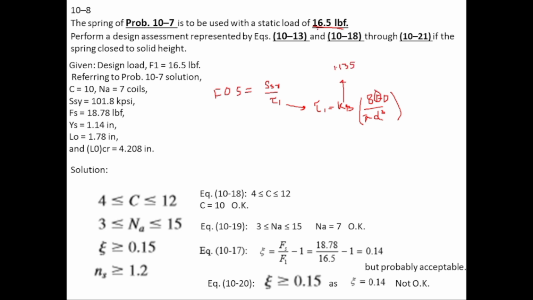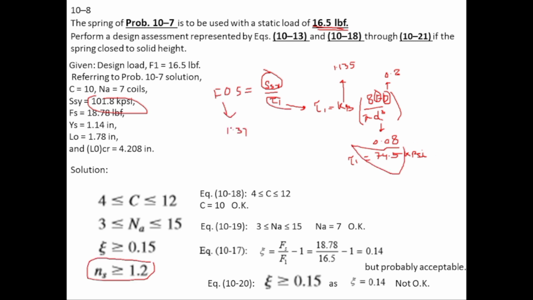This F is 16.5, this D is 0.8 inches, and this d was 0.08 inches. Putting all these values gives tau 1 equal to 74.5 kpsi. So the factor of safety is equal to SSY divided by tau 1, where SSY is 101.8 kpsi and tau 1 is 74.5 kpsi. So the factor of safety is equal to 1.37.